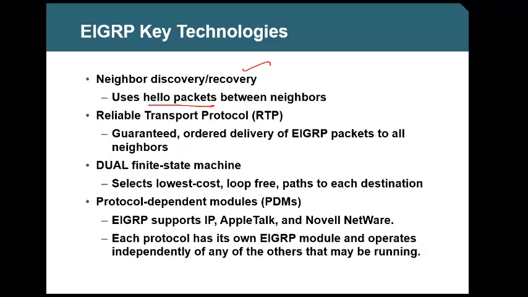Next, EIGRP uses a protocol called RTP, Reliable Transport Protocol. This is not the real-time protocol that we use in voice. Sorry, this is Reliable Transport Protocol, which is EIGRP's own protocol, Cisco's own protocol.